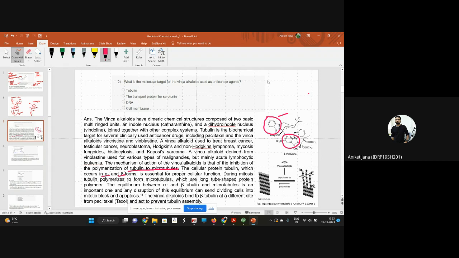Right? So what happens in cancer is that tubulin is polymerized to microtubule in a very fast manner. So what our alkaloid does here, I have shown. Can you please follow? This is the microtubule. This is the polymerized state, right? This is the state in cancer, very much polymerized or divided.